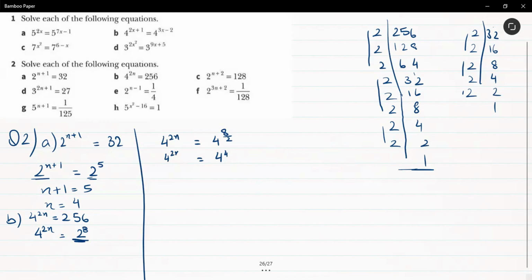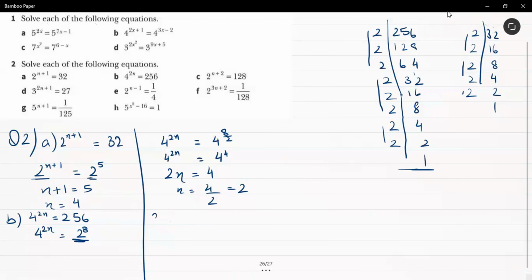Okay, so this is basic logic. I hope that's clear. So 2n is equal to 4 because the index values are the same. So n is equal to 4 divided by 2, which is equal to 2. Okay, that's it. This is it for part B.